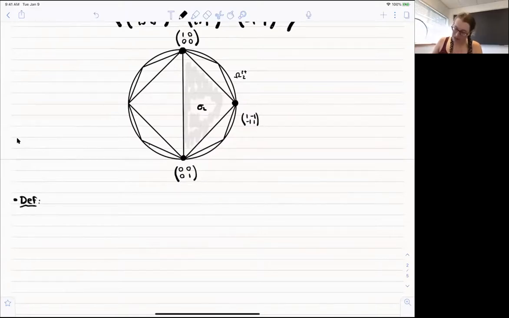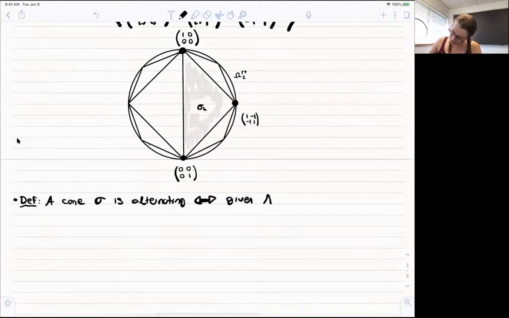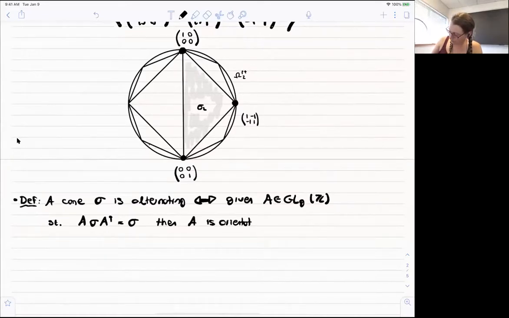And that definition is that we say a cone, sigma, is alternating if and only if, given an element A in GLGZ such that A sigma A transpose equals sigma, then A is orientation preserving on sigma.